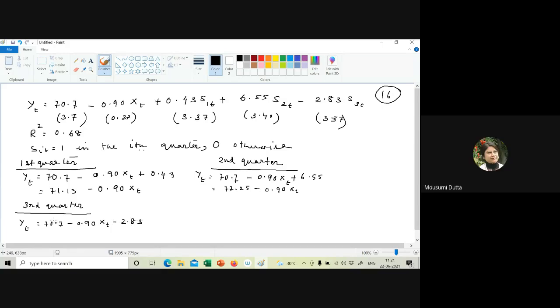What will be the intercept for the third quarter? 67.87. Very good.